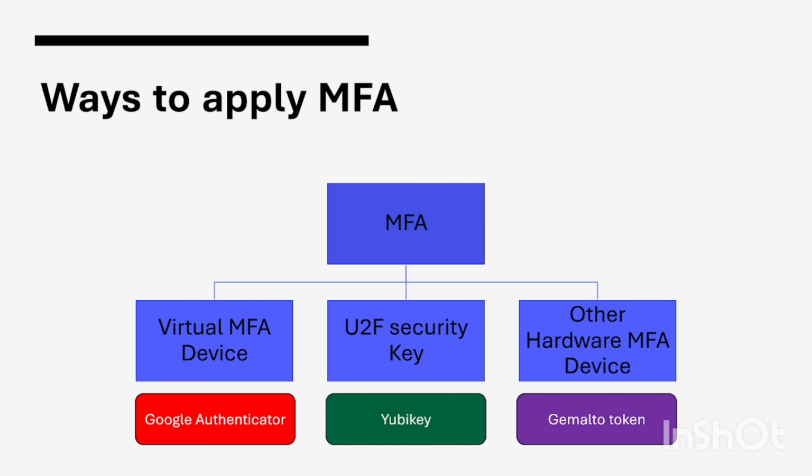In order to provide U2F security and other hardware devices, you should have purchased that hardware device, so you have to invest in it. Here we shall not be using the YubiKey or the token hardware. We shall be sticking to the virtual MFA device to apply multi-factor authentication to our users, right?